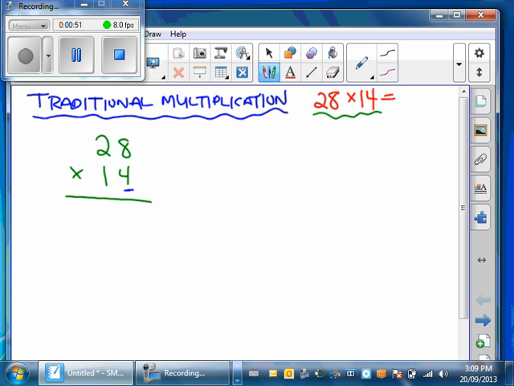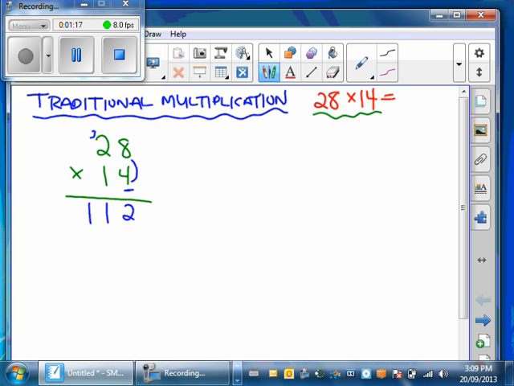So we're going to multiply 4 times 8. 4 times 8 is 32. Because we can only put one digit in the ones column here, we have to carry the 3. So we're going to put the 3 up here. And we say 4 times 2 is 8, plus 3 is going to be 11.